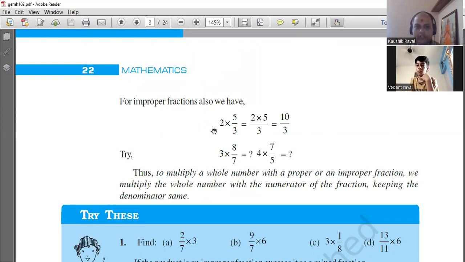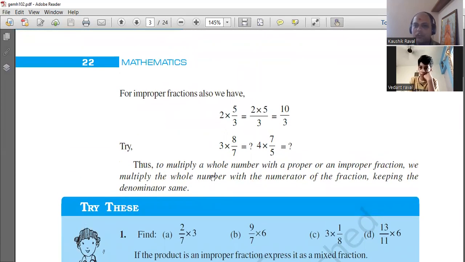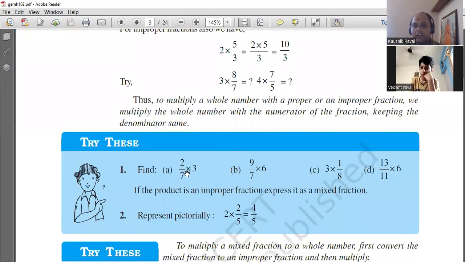They have converted these improper fractions into proper fractions, but they haven't given a multiply number. It's going to be the same. All right, let's try this one. Find 2/7 into 3. This already we have done. This is the same. 2 3s are 6, 6 by 7.